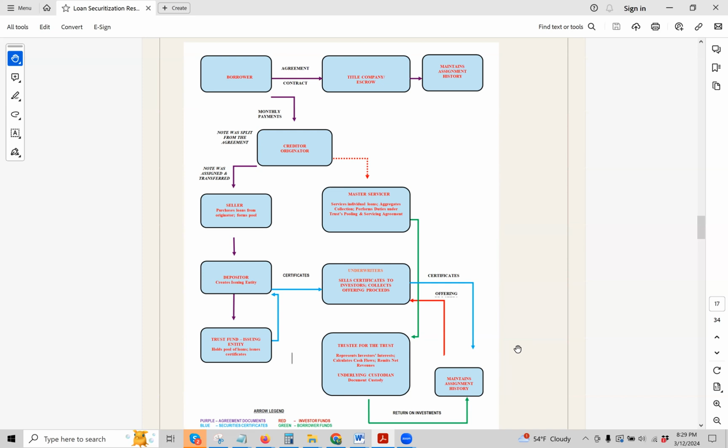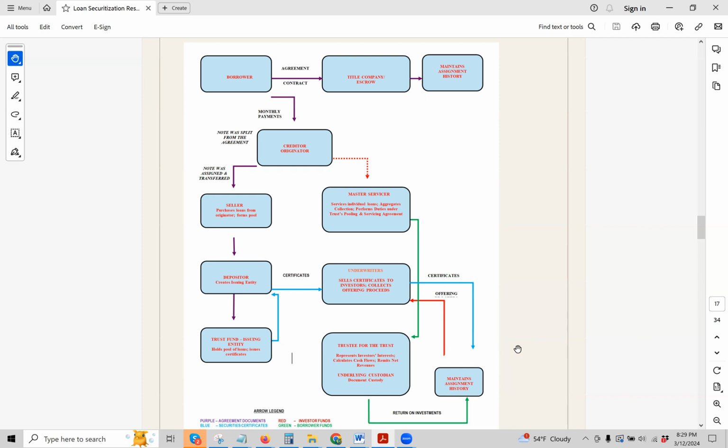Anytime you have investors, especially if you look at some of these bonds and these securities, these investors are some very large, wealthy corporations with a very high amount of assets sitting on their books, okay? And so these large corporations are coming and investing into a securities trust that has all of these notes, all of these loans that are being transferred into them, and we're talking millions of dollars here.